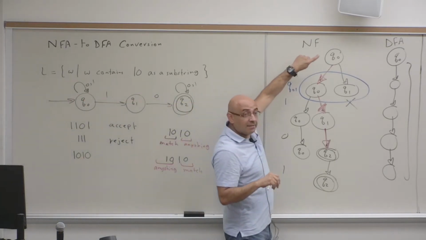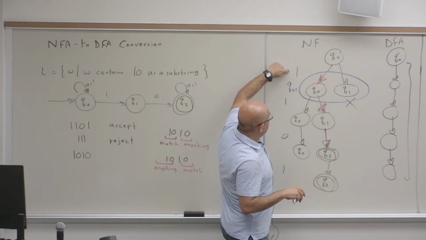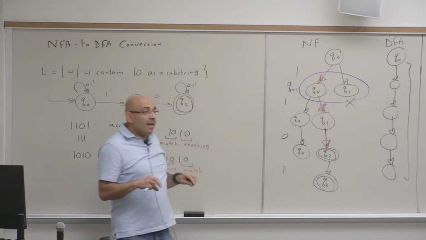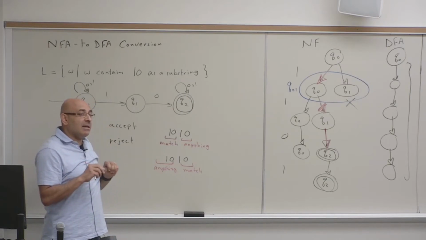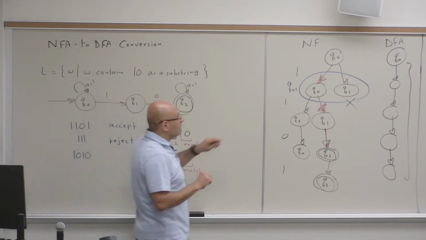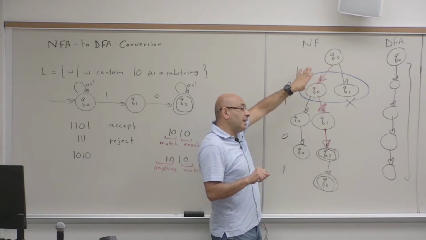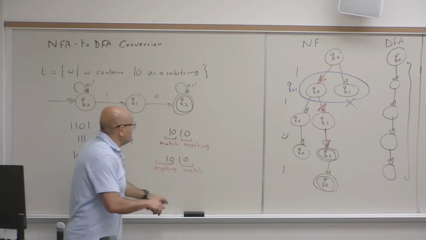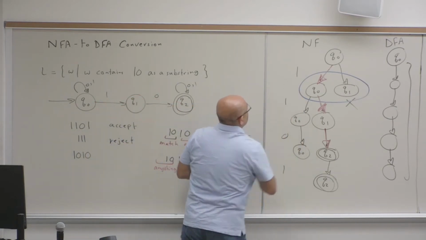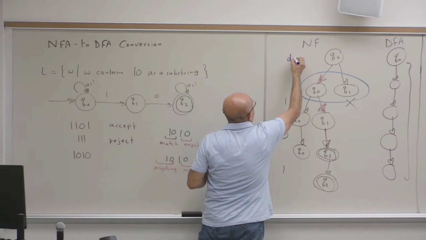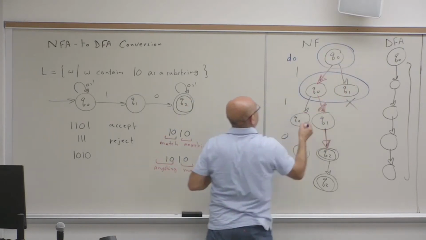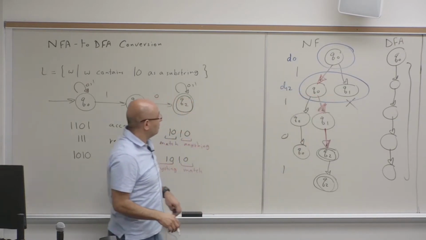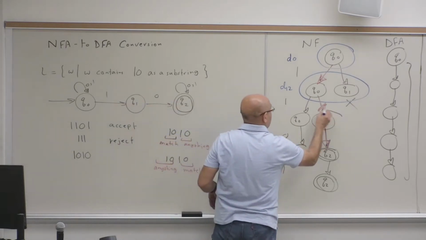So you're saying that when you get a 1, you go from Q0 to a state called Q01. And this Q01 is a state in the equivalent DFA that we're trying to construct. We're trying to convert an NFA to an equivalent DFA. So let's use different names like D. This is D0. D0 consists of Q0 by itself, and D12 consists of Q0 and Q1. And this is D12 again.